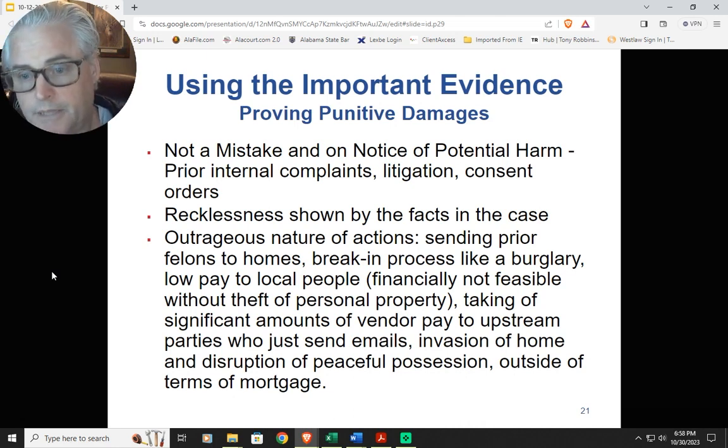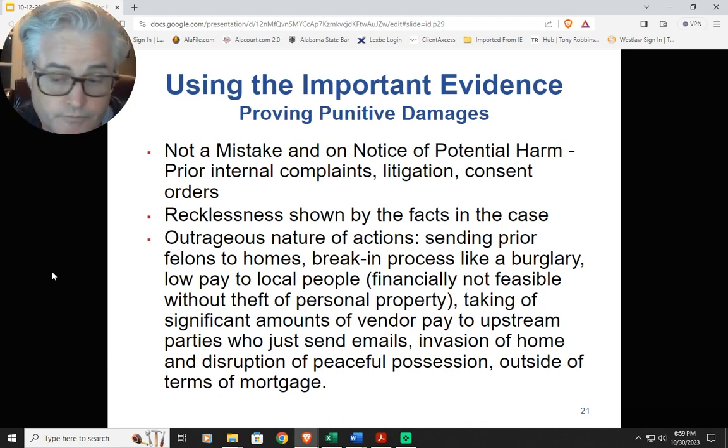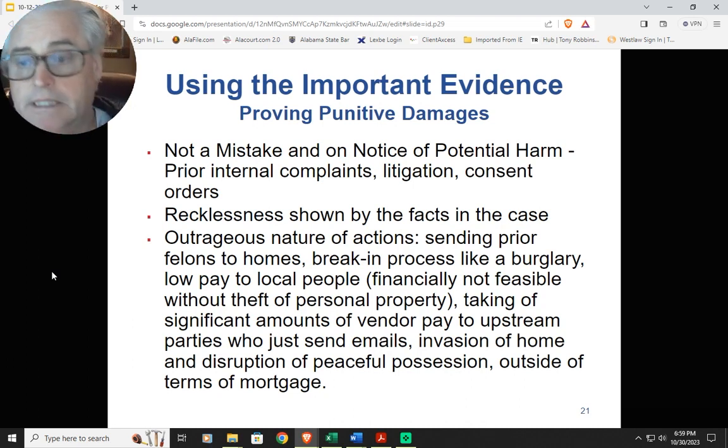We've seen sending people who are prior felons to homes to break into them. The break-in process seems a lot like a burglary. I'm always surprised that there are not more people killed in this line of work because of the number of times you hear about people going in on somebody's house and there being a person there. Certain parts of the world that'll get you dead pretty quick, and no one will ever think a word about it.